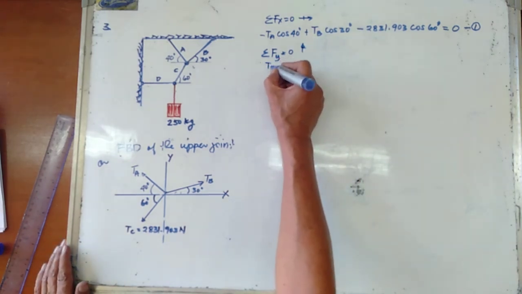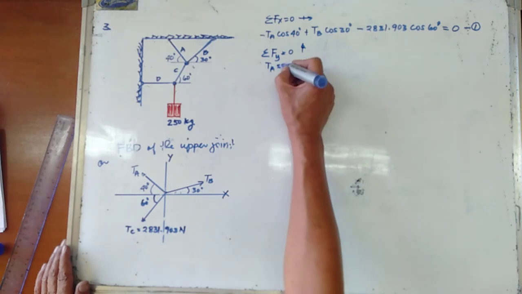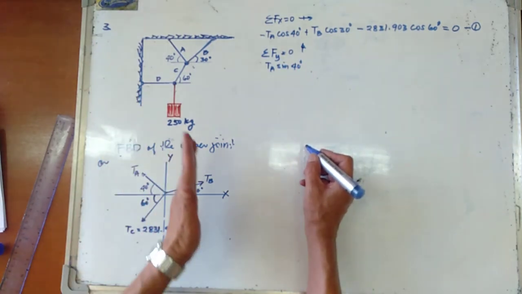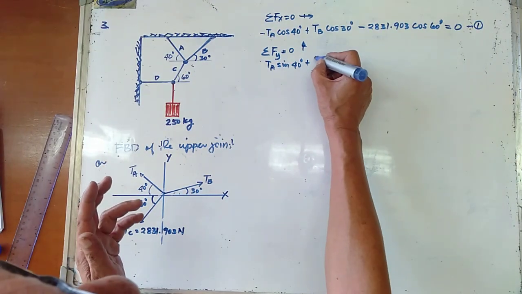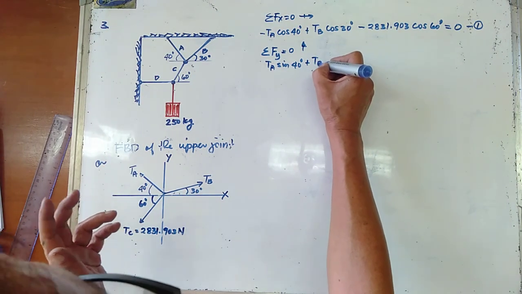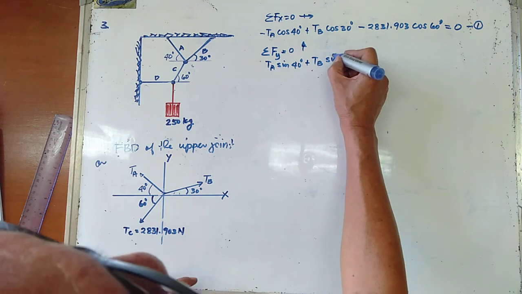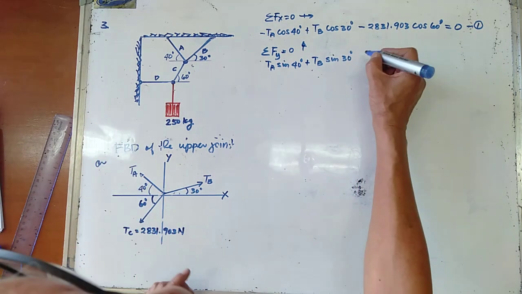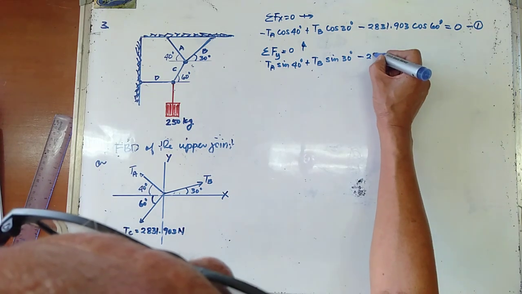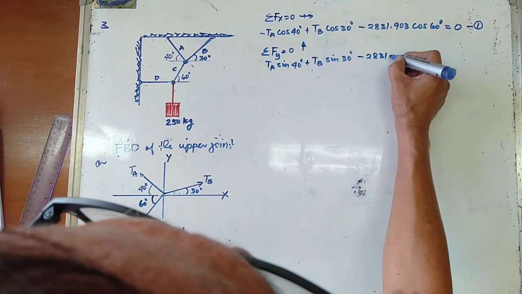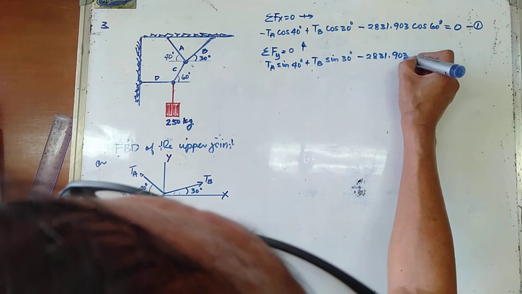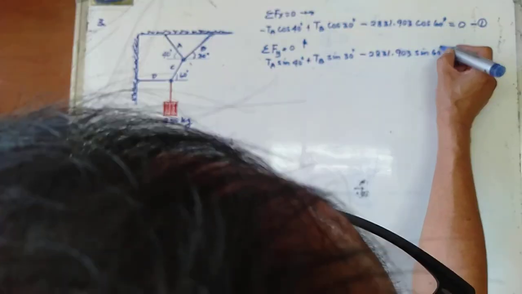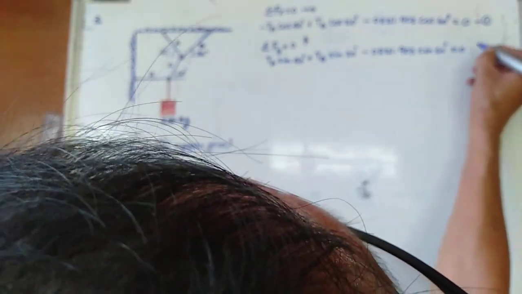So TA sine of 40 degrees is up, plus TB sine of 30 degrees is up, minus 2831.903 sine of 60 degrees is equal to 0.